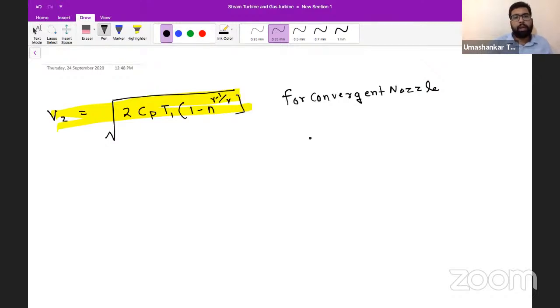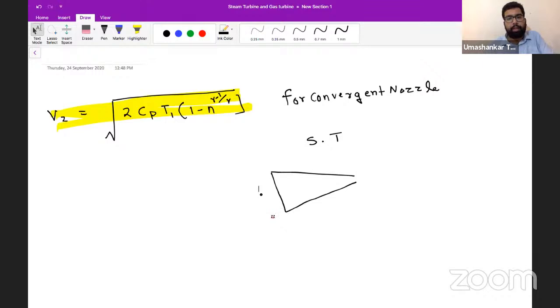So let's say our steam turbine is having a convergent nozzle, and we have established in our previous lectures that a steam turbine is nothing but a combination of nozzle and moving blade.